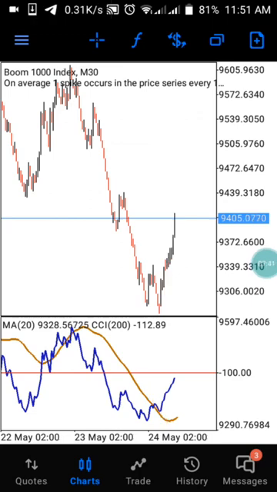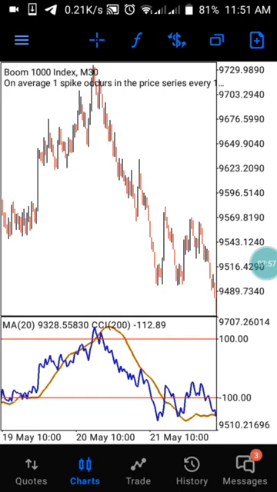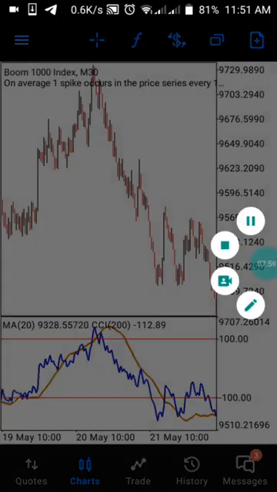You see that we are having our blue on a downtrend, whereby the yellow line is on the above line, and we are also having our blue on the uptrend when the yellow line is on the downtrend. You see what the market is saying currently now. So that's exactly how this strategy works on Boom and Crash 1000.